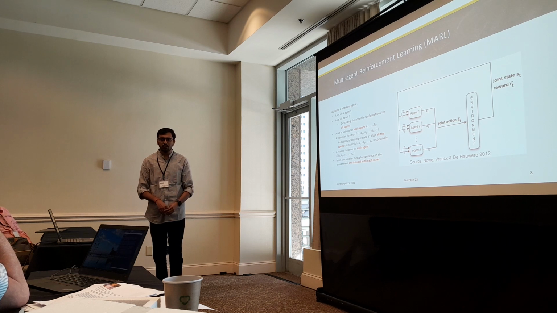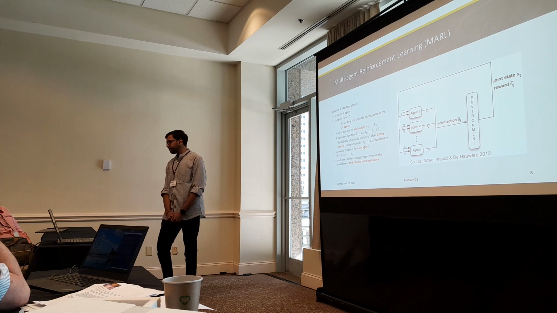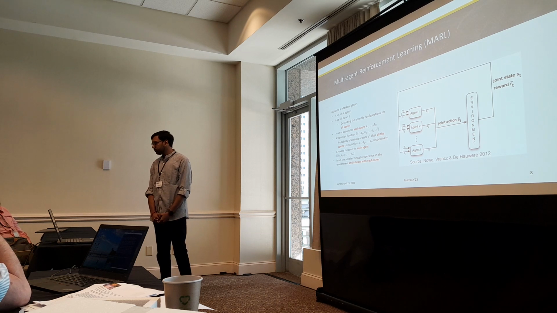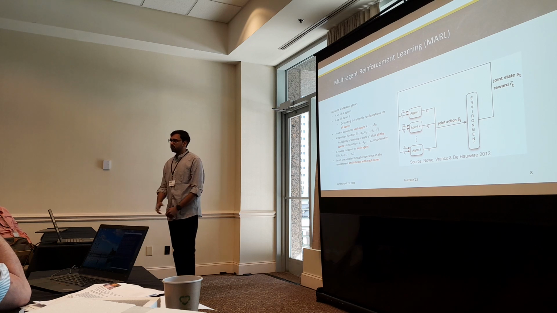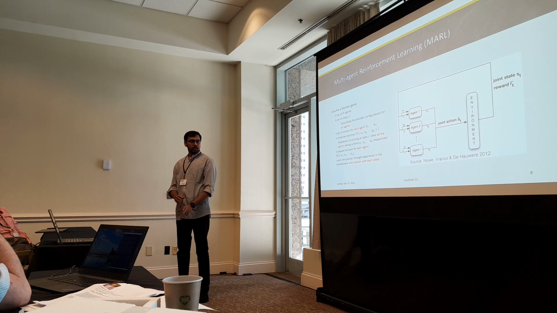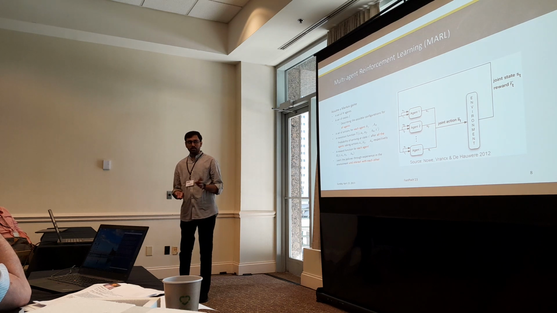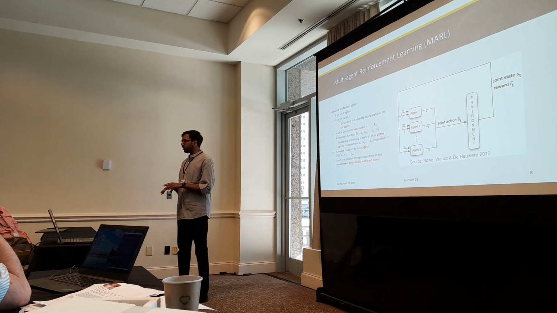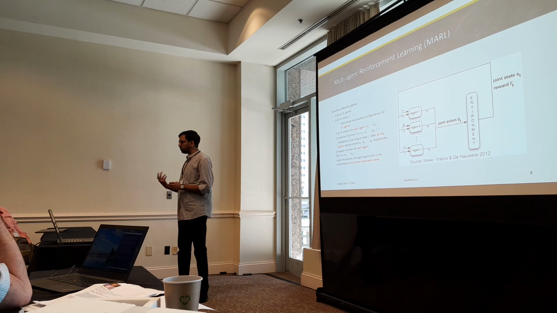So if multiple agents are taking action, then is the state change that an agent observes the result of the change caused by multiple agents, or only by its own action? That's a very good question. Normally in multi-agent reinforcement learning there are different categories, and I'll be discussing that in the future slides. We only consider actor-critic methods, where the actor corresponds to the policy and the critic corresponds to the value function.